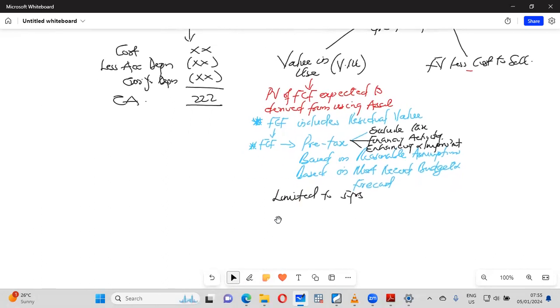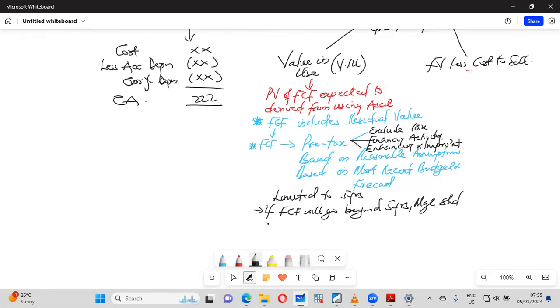And if the future cash flows will go beyond 5 years, and please, these are things you need to know, because the examiner can test you any way around it, then the management should extrapolate a decline or zero growth.